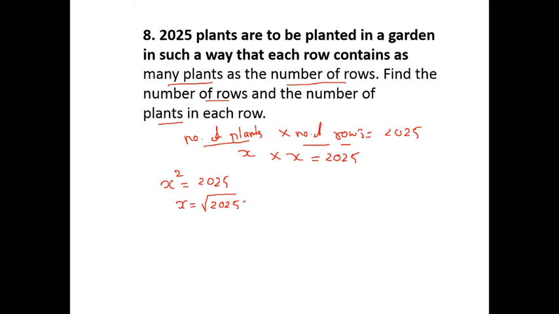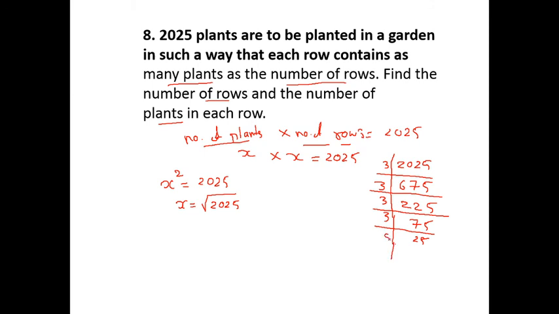Now you can make factors of 2025. Here 5 plus 2 is 7, 7 plus 2 is 9, so I have to divide it by 3. 3 sixes are 18, 3 sevens are 21, 3 fives are 15. Again 3, 3 twos are 6, 3 fives are 15. Again 3, and then 25.